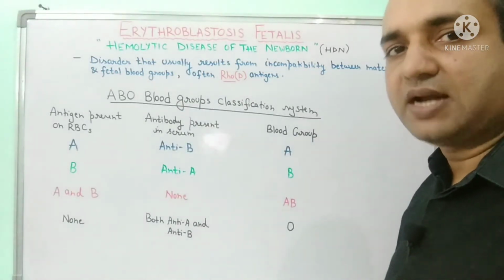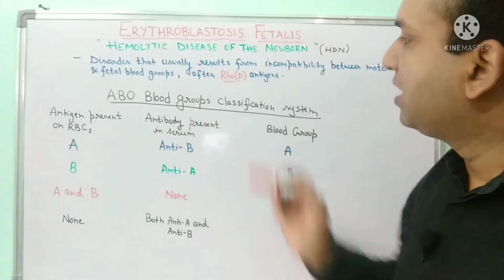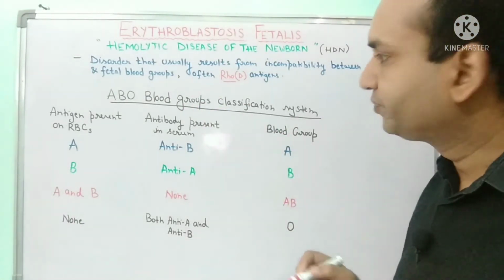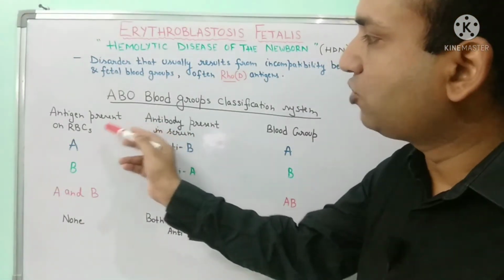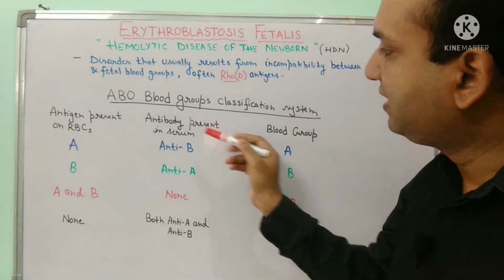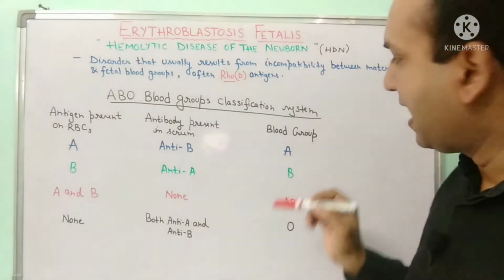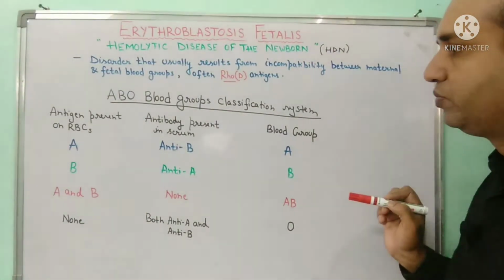Now to better understand the blood groups, let us look into the ABO blood groups classification system. Here in the first column we have the antigen present on the RBCs. In the second column, we have the antibody present in the serum, and the third column displays the blood group.